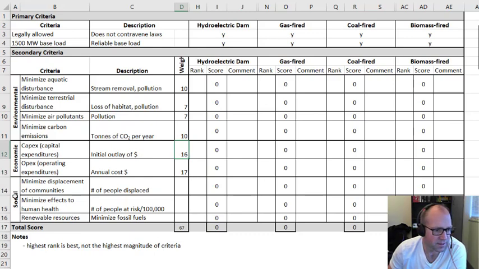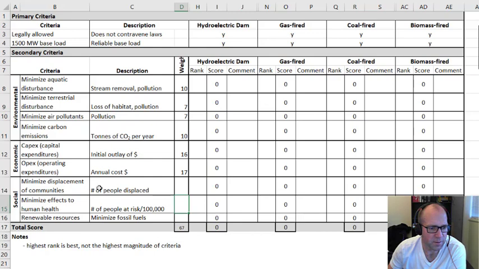And then we have social impacts. This is going to be worth 33, but are they all equal? So minimize displacement of communities, minimize effects to human health, and use of renewable resources. I would argue that human health is almost always going to trump everything else. If we are proposing a project, and I'll just foreshadow a little bit here, like coal-fired power plants, which can cause cancer and lung disease and all sorts of other ill effects.